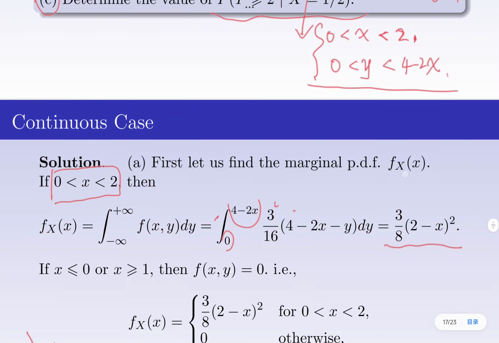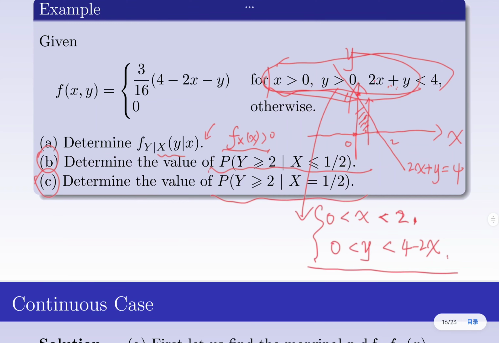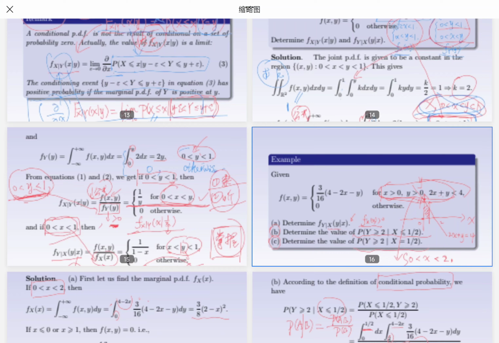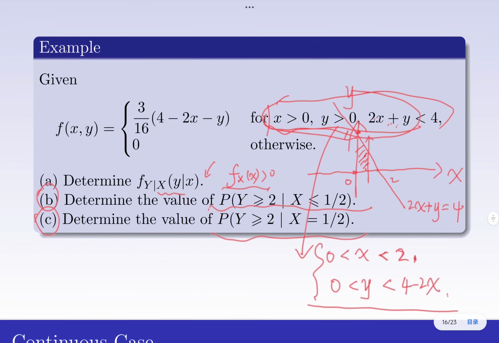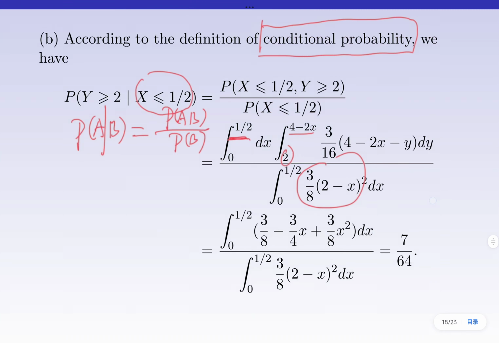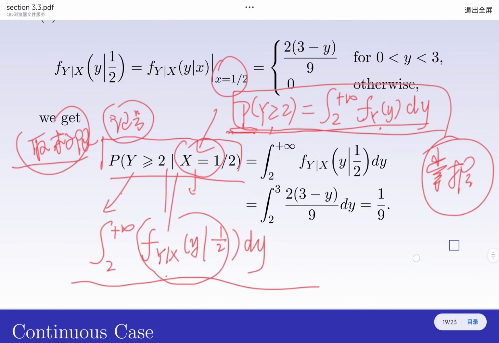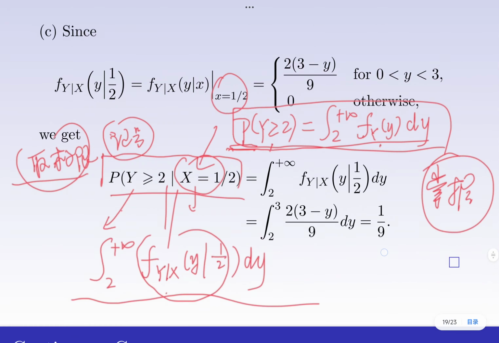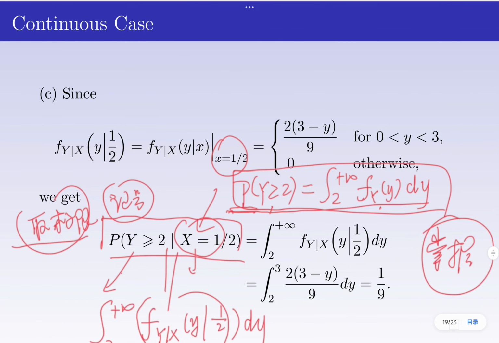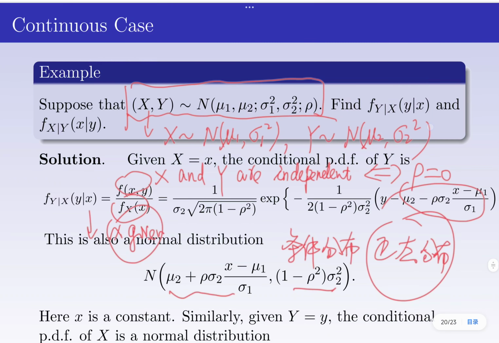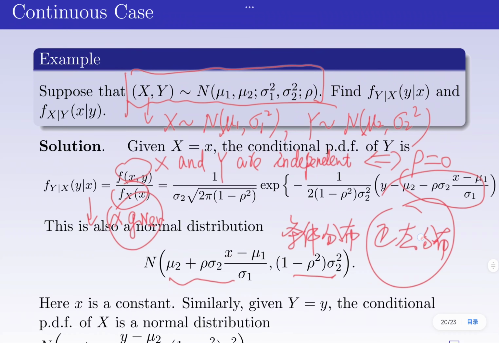Question B is the definition of the independent formula, and question C just uses the integral of the density function.